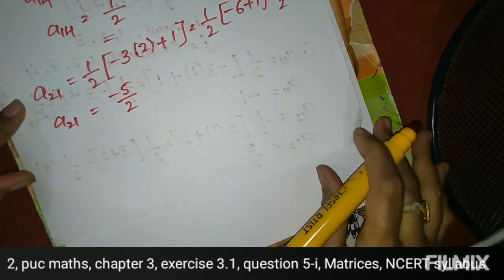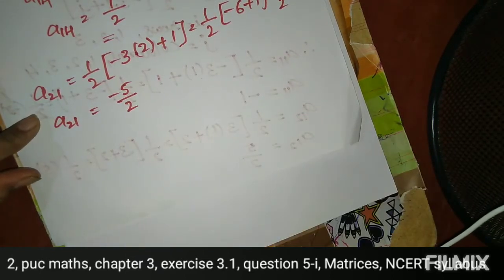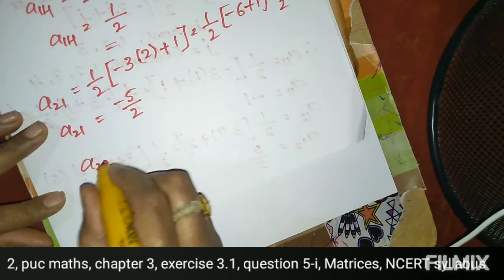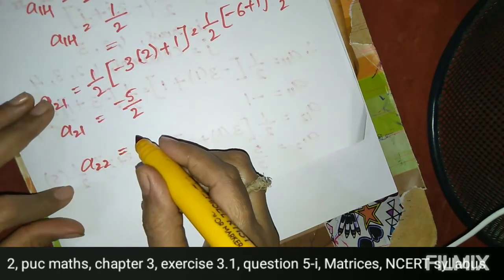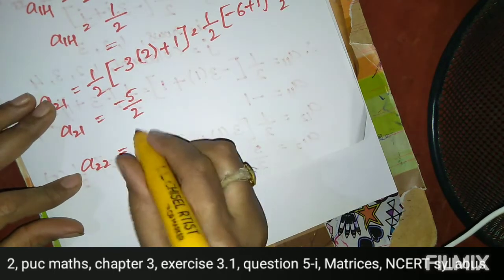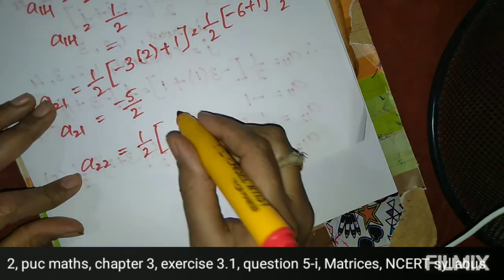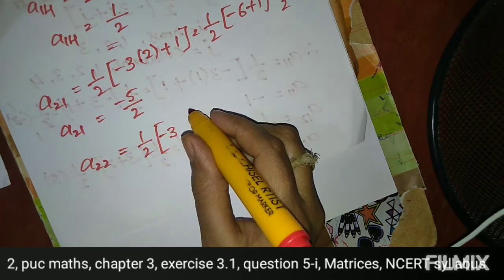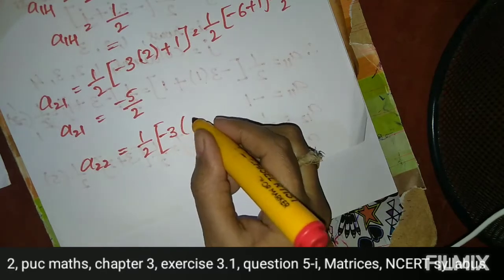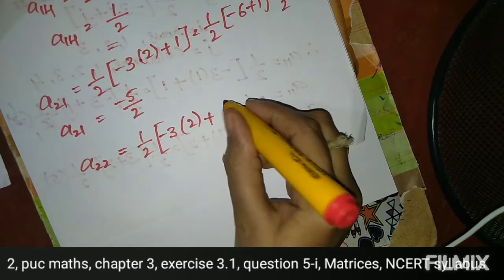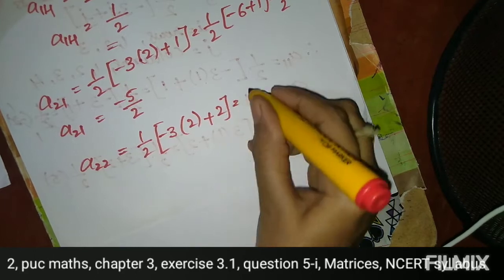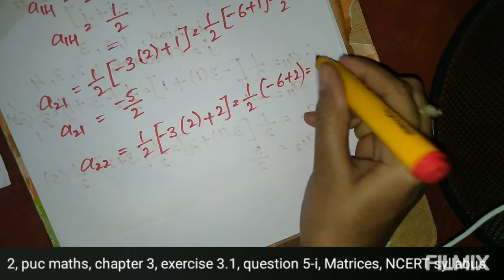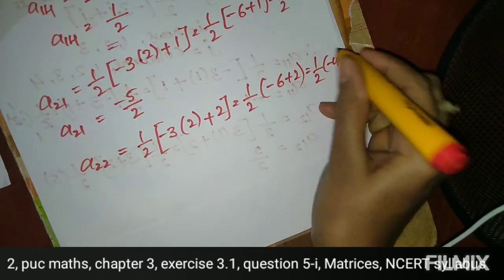And then A22 = half into |−6 + 2| = half into 4.